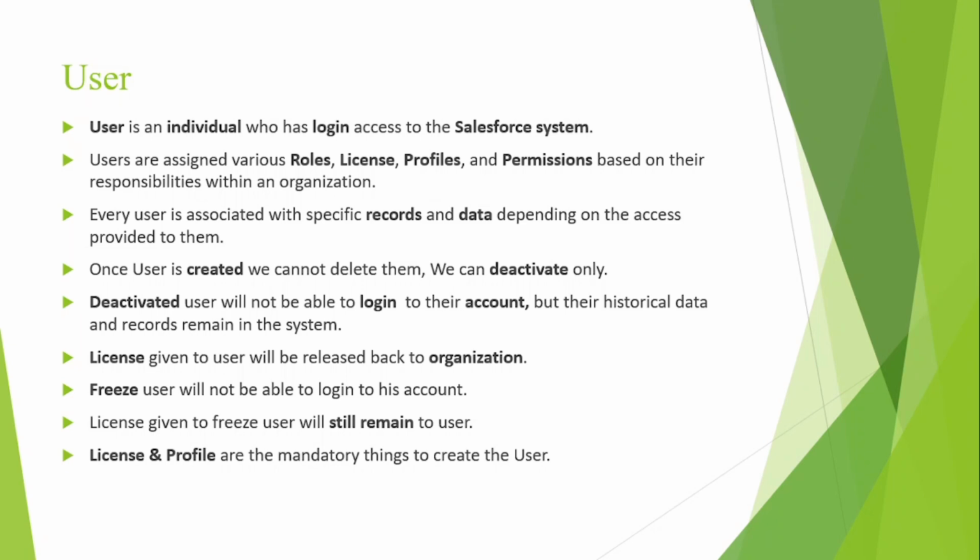And again, profile is also mandatory for creating a user. So role is not a mandatory thing for creating the user, but profile and license are mandatory things for creating the user. Without these we can't create the user.